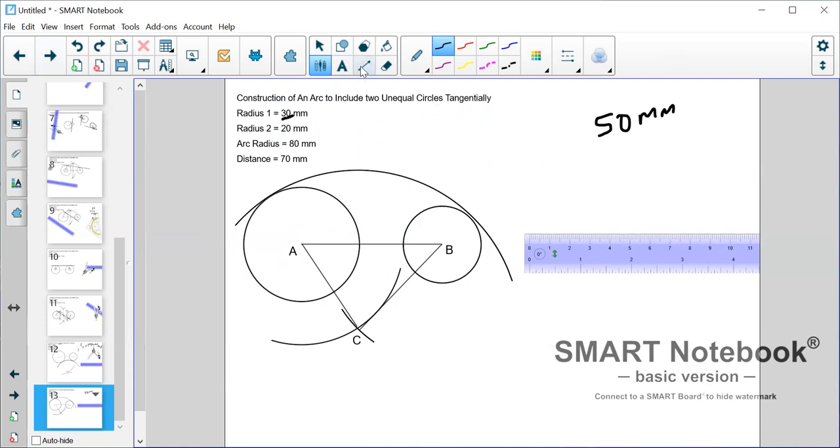If I explain why we need to subtract, it's because when you look at the distance from C to here, that distance is 80.